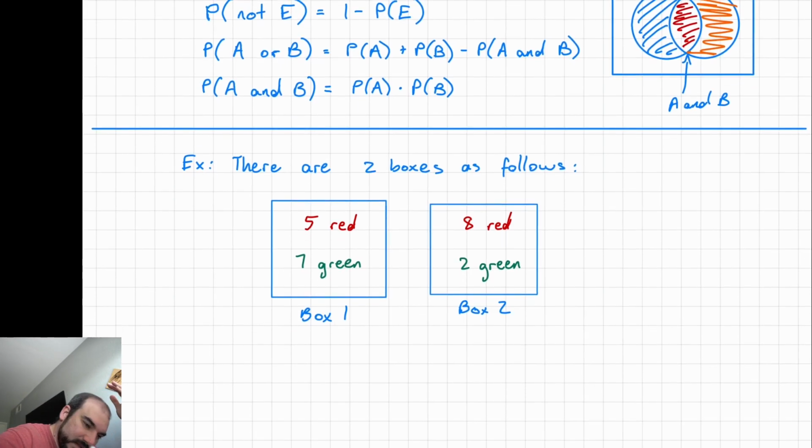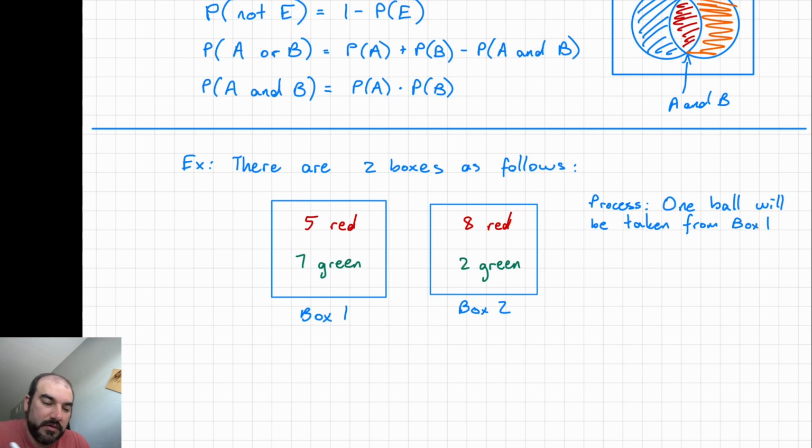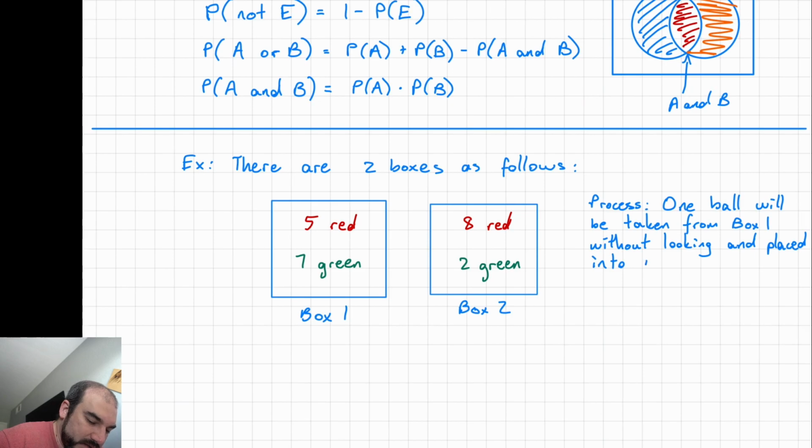And there's a process. What's going to happen is one ball will be taken from box 1 without looking, and placed into box 2.